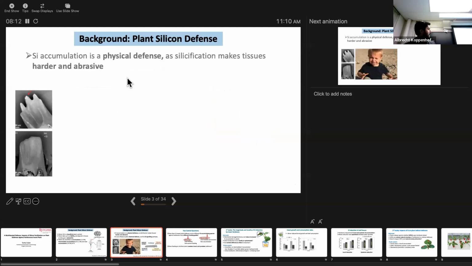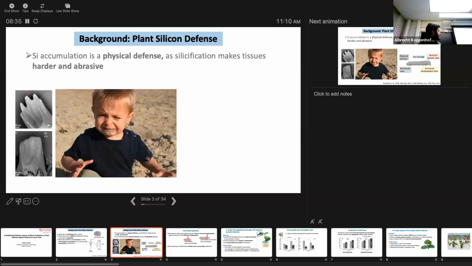So when insects feed on silicified tissues, it can wear down their mandibles. This is a photo from our recent paper in Functional Ecology, where we showed that the mandibular teeth of Helicoverpa armigera were severely eroded when feeding on silicified plant tissues. So for insects, it's like getting a bunch of sand particles in their teeth.